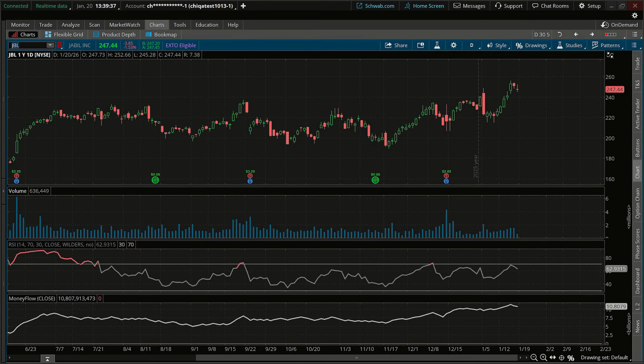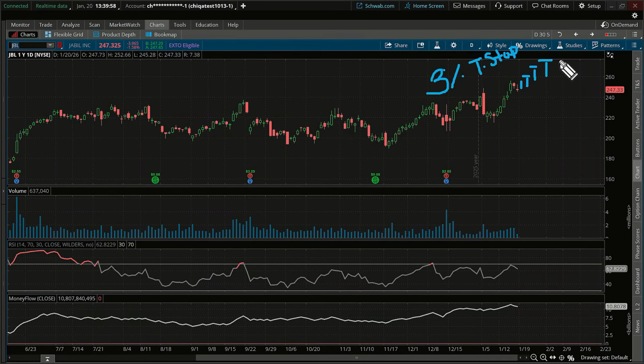Let me redraw this. So if we break up higher here, let's say we run up. We've got a trail stop on. Whatever that high level is we're reaching, and if we had, let's say, for example, a 3% trail stop on here, what is it doing, folks?